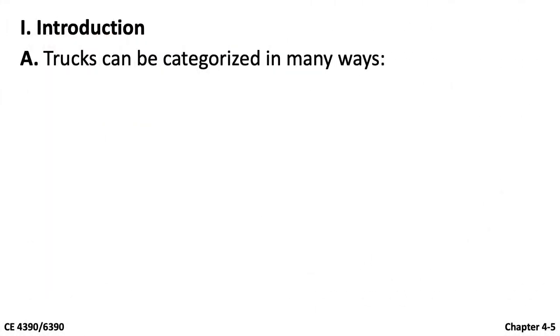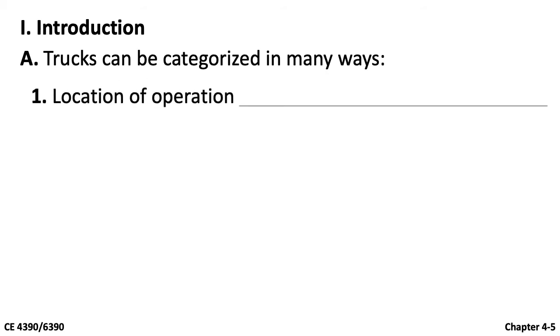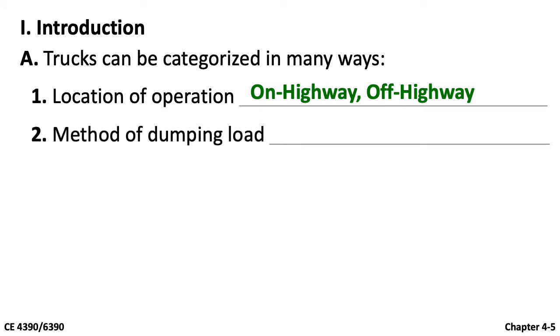Section 1, Introduction to Trucks. As you saw in the video, there are many different types of trucks. We can classify trucks by the location of operation: on-highway and off-highway trucks. Based on the methods of dumping, we have rear, bottom, and side dump.